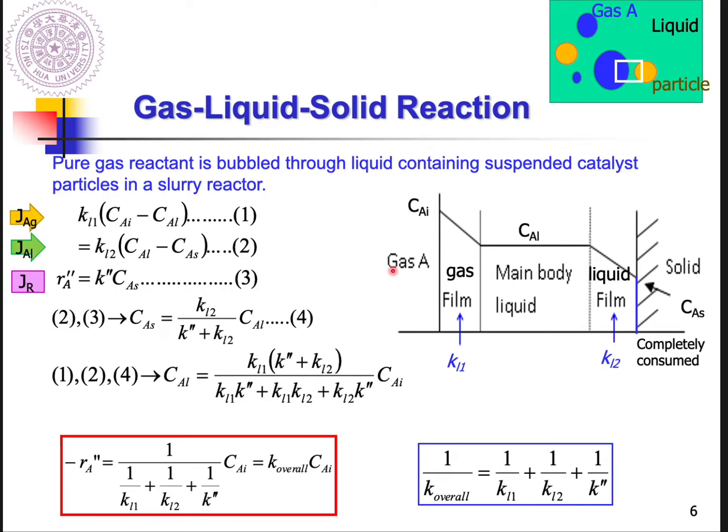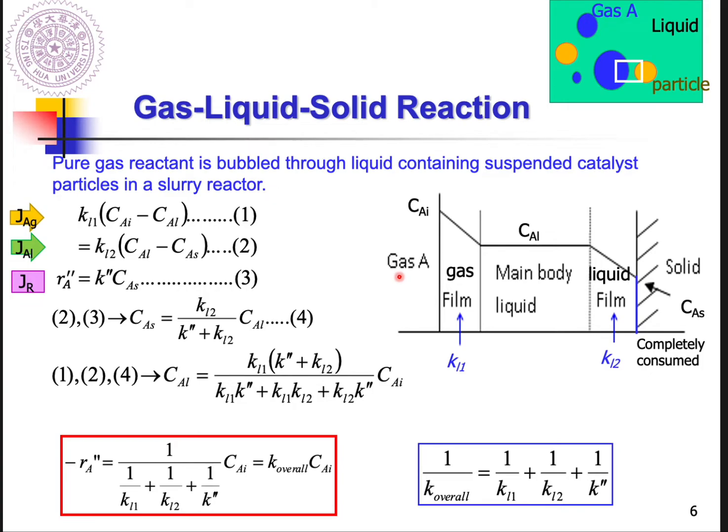So we have the reactant gas A and also the catalyst solid particle here, and in the middle we have the liquid. So we write down liquid main body. And as we mentioned, if we have two different phases, in between there exists a film layer.